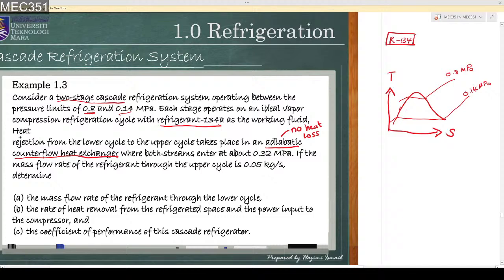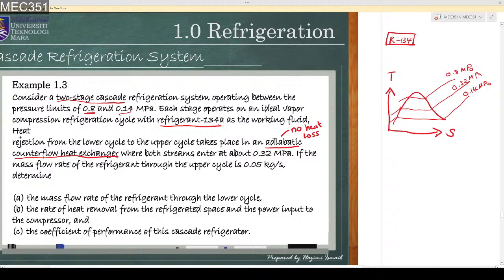Both streams enter at about 0.2 MPa. So we have another line of pressure here, 0.32 MPa. Now we have three lines of pressure: 0.14, which is the lowest one, 0.32, the middle one, and the highest pressure line is 0.8 MPa.